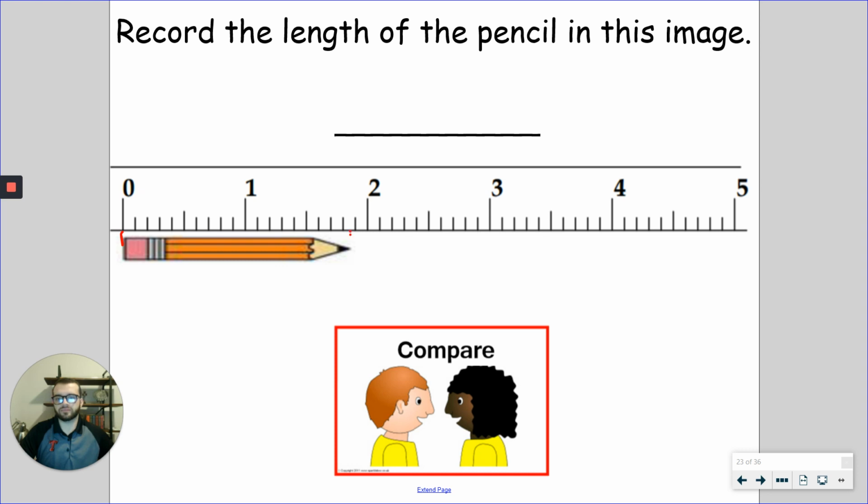Okay, so it's about right there, which means we're at about 1.85 centimeters. Okay, the 8 is very accurate.